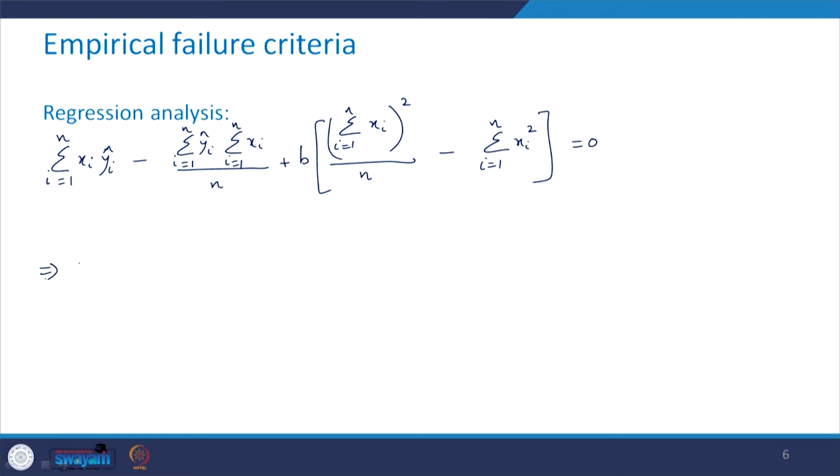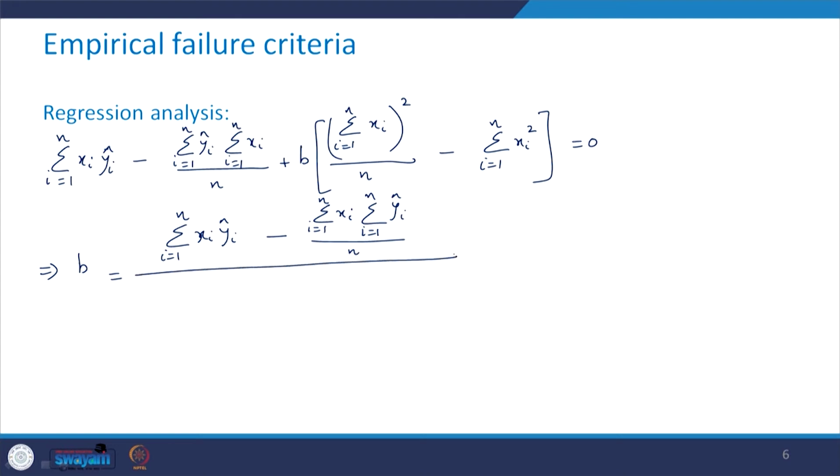So, from here one can obtain the expression for b as summation xi yi cap minus summation xi into summation yi cap divided by n, and this whole thing divided by summation xi square minus (summation xi) whole square divided by n.